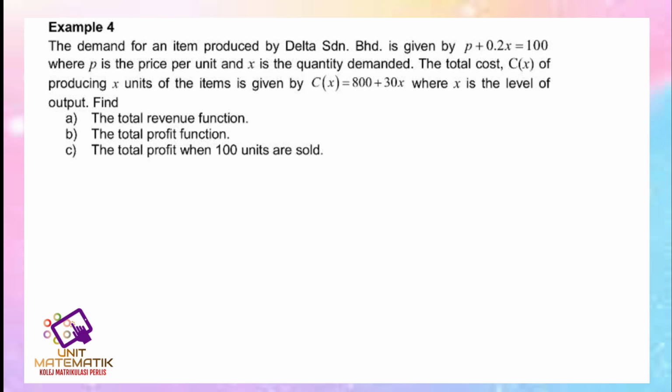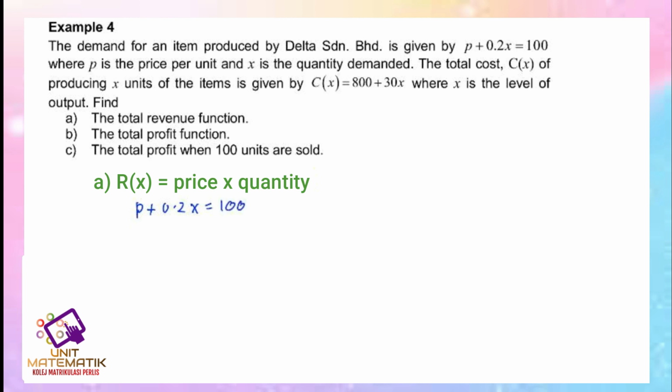We can find the total revenue function by using the formula R(x) equals price multiplied by quantity. From the formula, we want to use the price function. The question gives you P + 0.2x = 100. So we take P as the subject to get the price function.